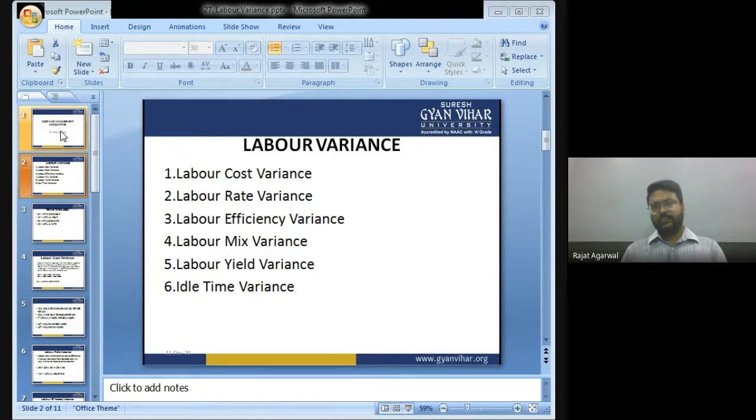In labor variance, we are going to calculate 6 types of variances: labor cost variance, labor rate variance, labor efficiency variance, labor mix variance, labor yield variance, and idle time variance.